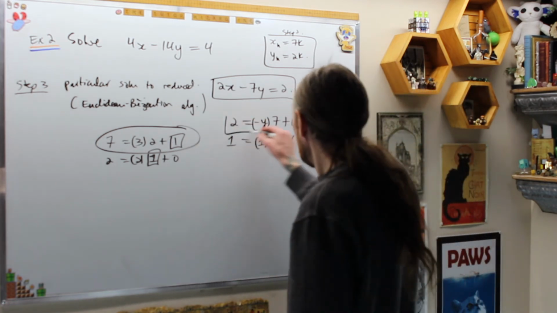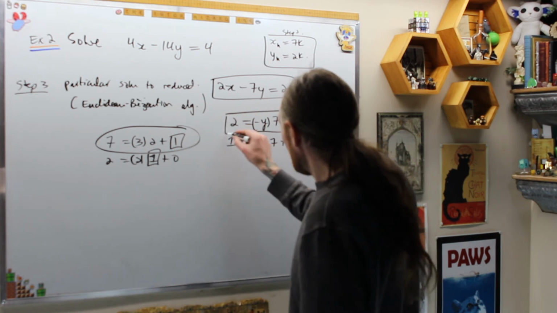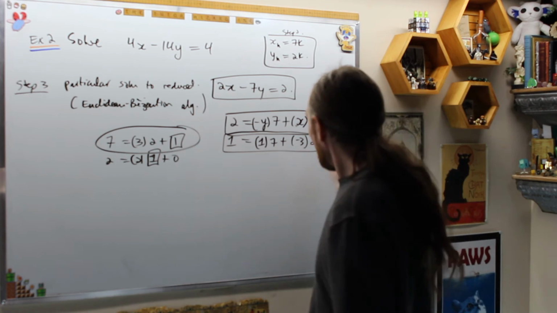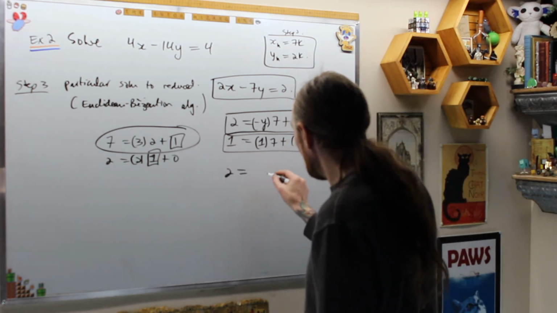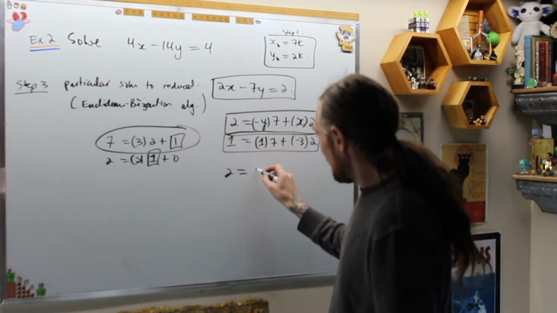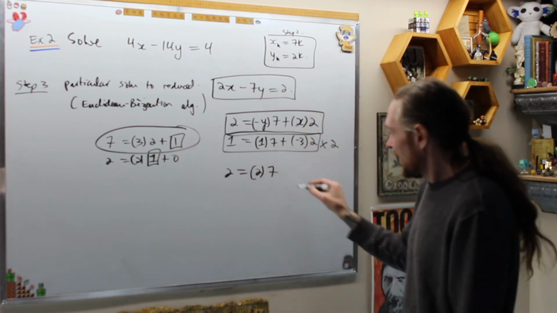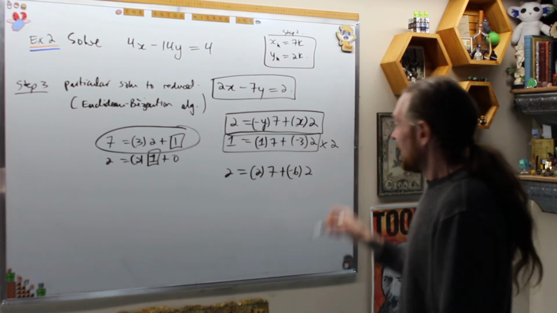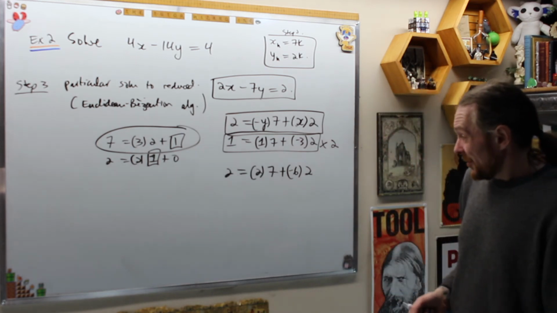So now if I take this equation and multiply this one by 2, and I distribute that in there, I'll get 2 equals 2 times the 7, plus negative 6 times the 2. And I get a different particular solution.